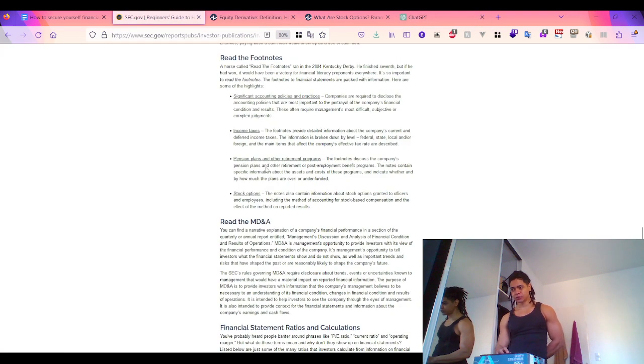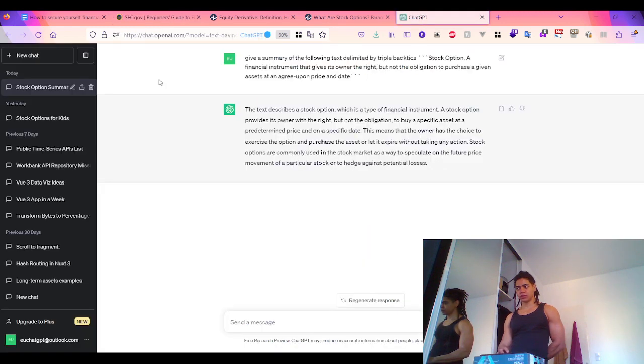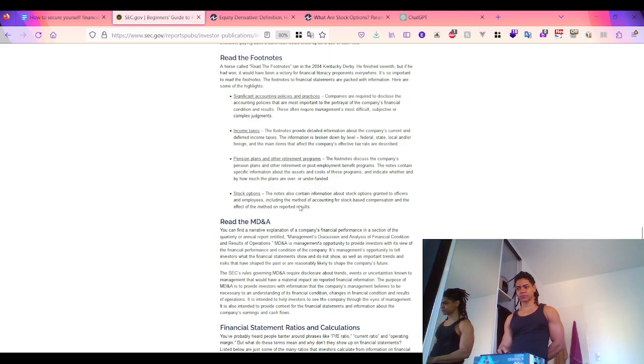These assets, these financial instruments, give the owner the option to purchase particular assets at a given price and date or let it expire.